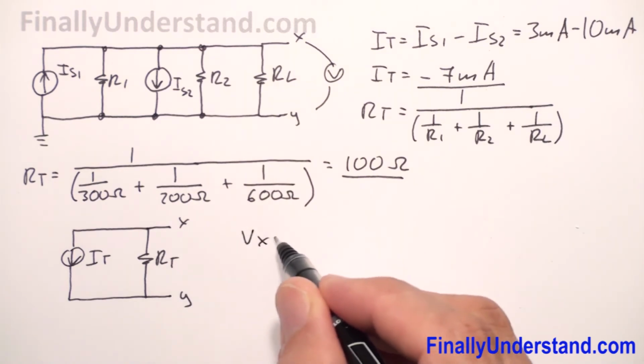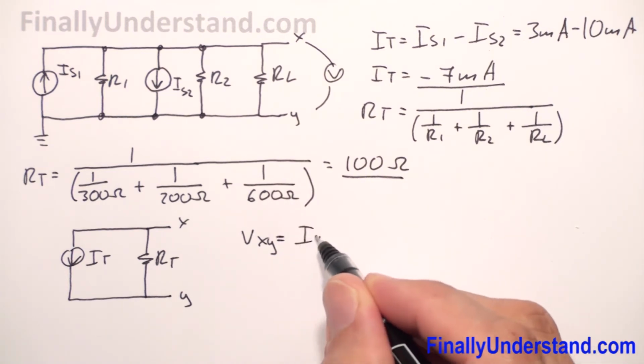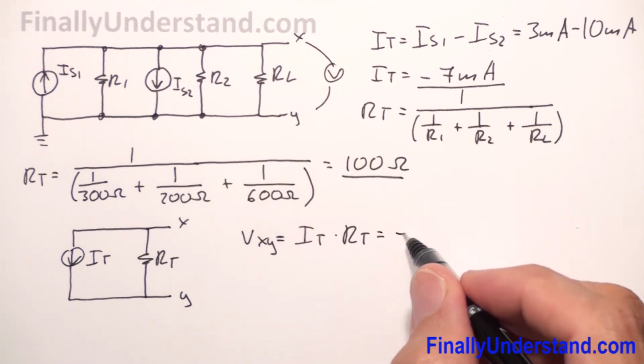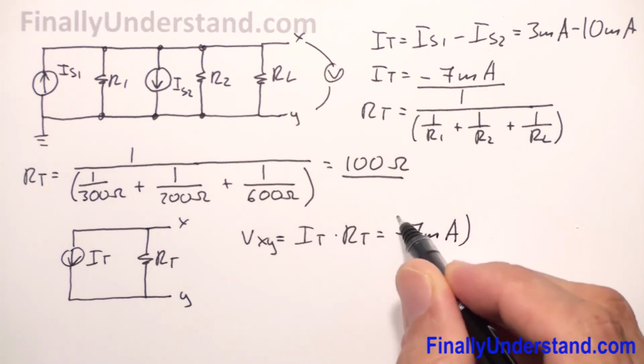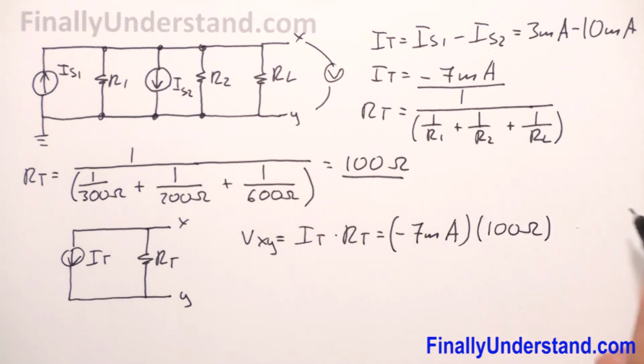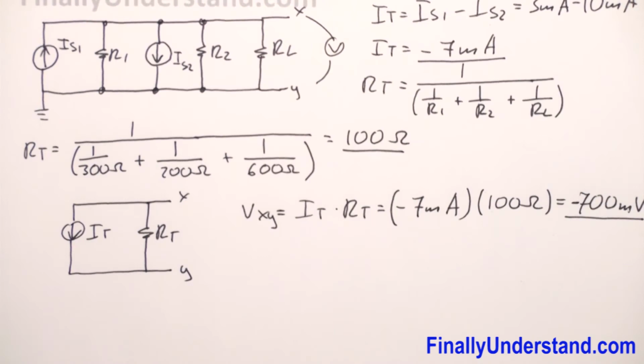So VXY is equal I total times R total, where I total we found is equal minus 7 milliamps times R total, which is equal 100 ohms. So this is equal negative 700 millivolts. Okay, so this is my VXY. This is what my voltmeter is going to measure.